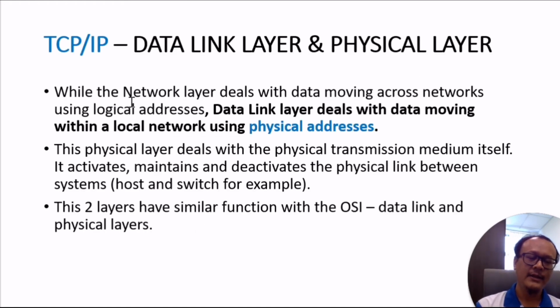And the first and second layers are the data link and physical layers. The data link deals with data moving within a local network and uses the physical address, or what we call the MAC address.